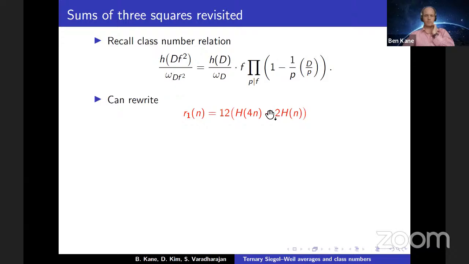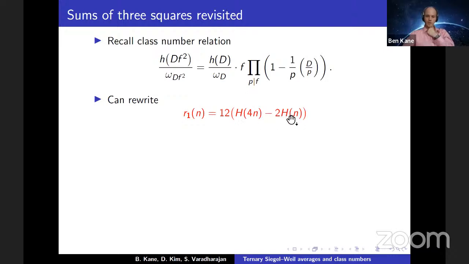And if you rewrite it, you actually can combine all of, so remember there were a number of cases. And if you use this relationship, you can actually rewrite the formula in a uniform way that works for every n. So in particular, in the special case when n is divisible by 4, h of 4n is equal to 2 h of n, and the little h's are equal, and you end up reducing down, and that's how you get division by 4.